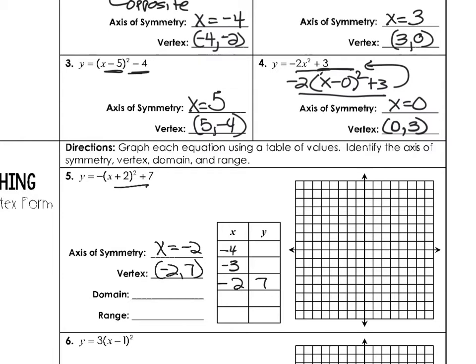Okay, so if x is -3, then y will be, if I plug it in, you just plug in -3 where x is. So it'd be the negative of -1 squared plus 7. So the -1 squared is 1. So the negative of 1 plus 7, so it'd be 6.